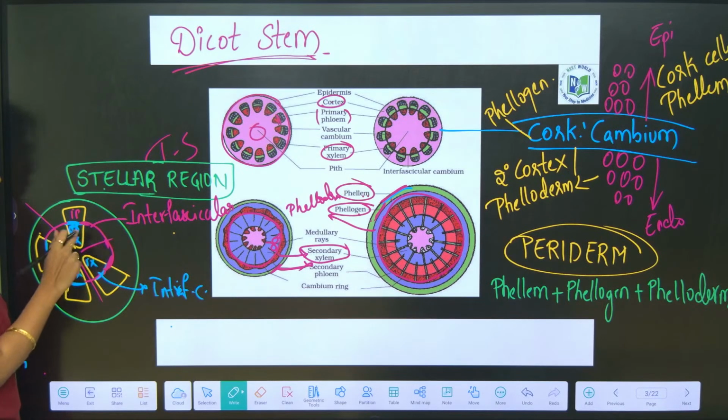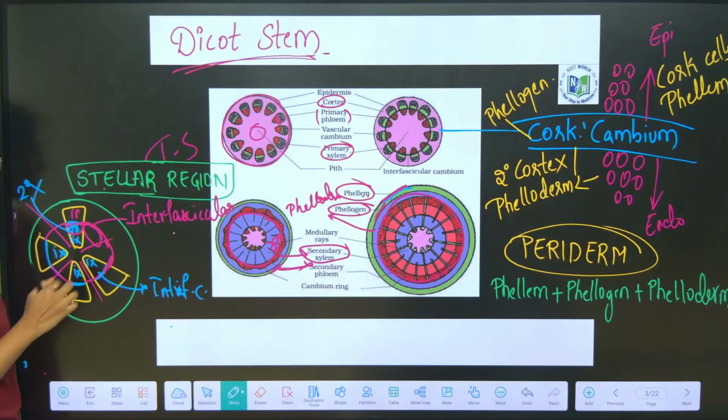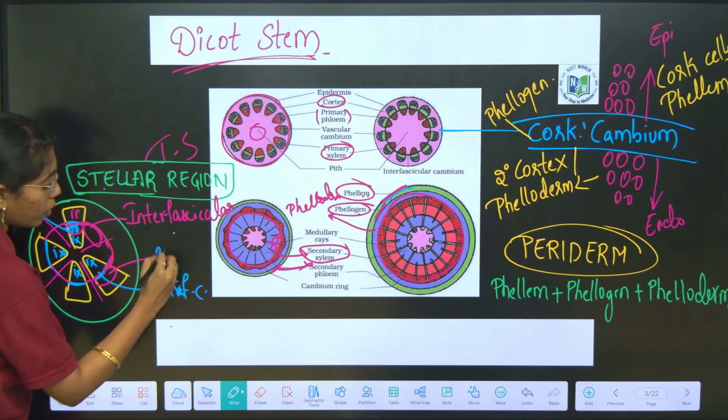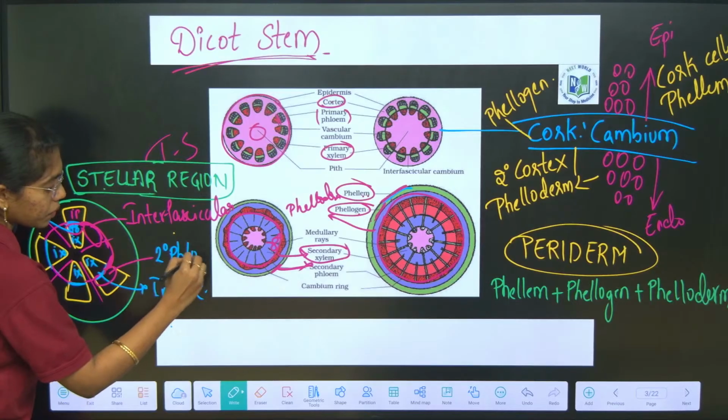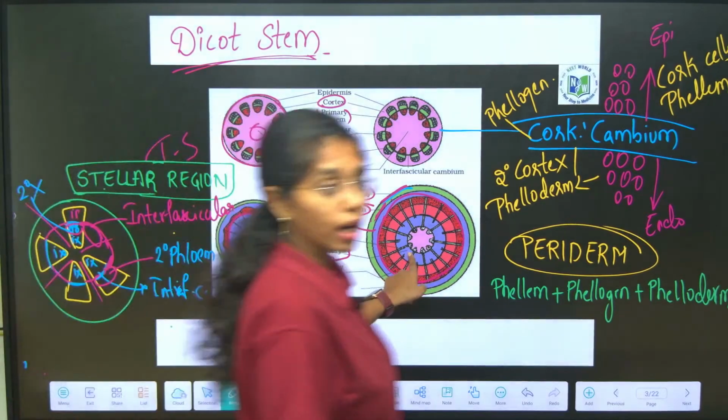In close proximity this region is having what? Secondary xylem. Fine, right? And above the vascular cambium, below the primary phloem, what cells are formed? Secondary phloem cells are formed. That is what is given in your diagram.